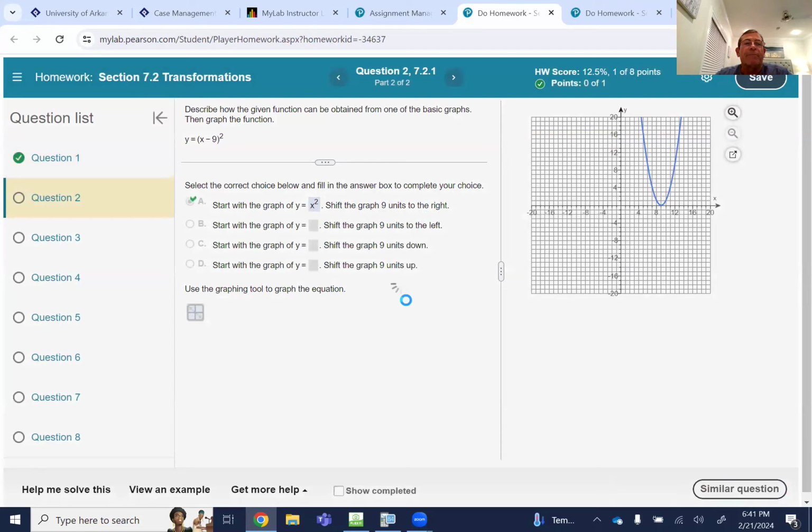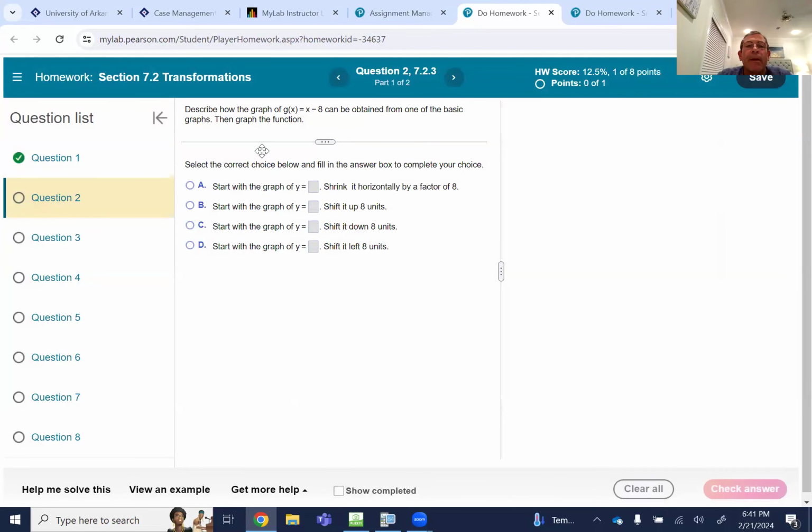All right, y'all, next one. So look at this one. G of x equals x minus 8. How can that be obtained from a basic graph? Well, what is that minus 8 going to make my graph do? Well, don't pick shrink. That's not happening.